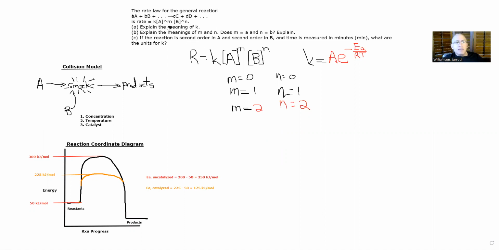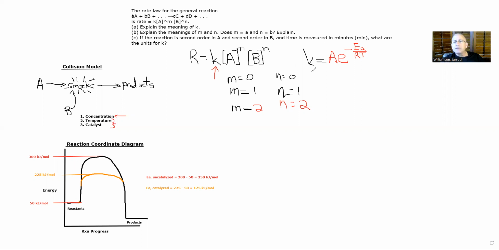Next, explain the meaning of K. For the collision model, the molecules have to collide often enough, hard enough, and at the right angle. This K is called the rate constant, and it has buried inside of it the temperature dependence and the effect of a catalyst.